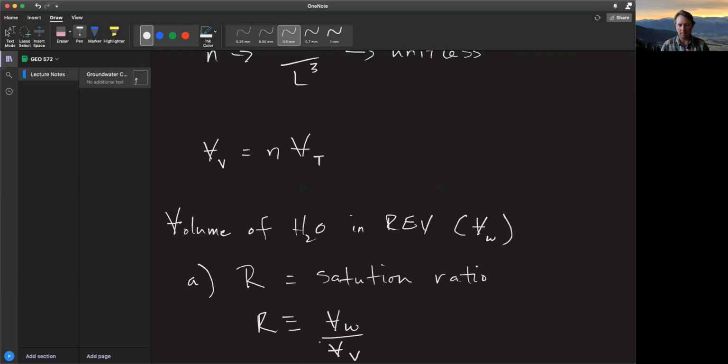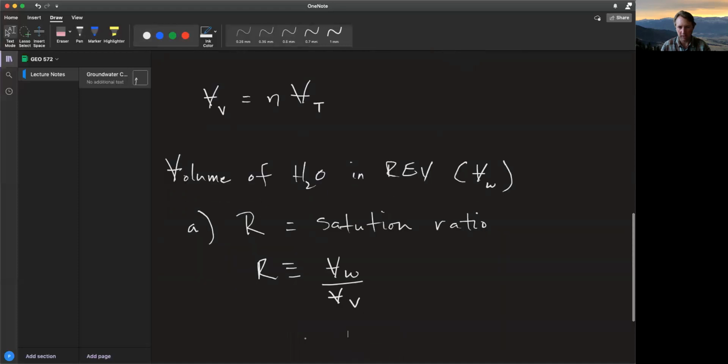Okay, so what's the maximum value that saturation ratio can achieve? Well, the total space available in the porous media to hold water is essentially the pore space. So when all the pore space is full of water, then my volume of water will be equal to my volume of voids. And so the max is equal to 1.